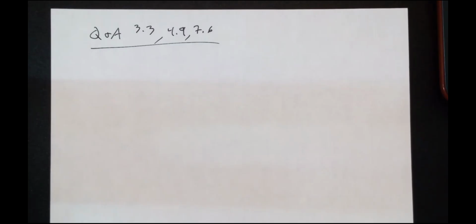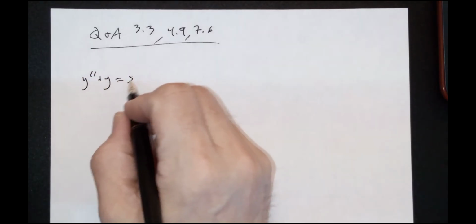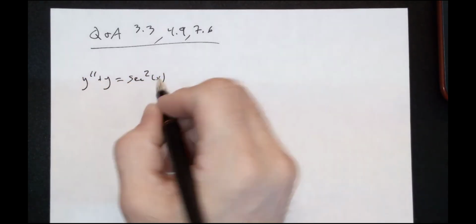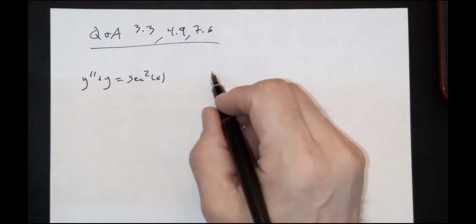So like for 4.9. y double prime plus y equals secant squared x. y of pi is 0, y prime of pi is 0.